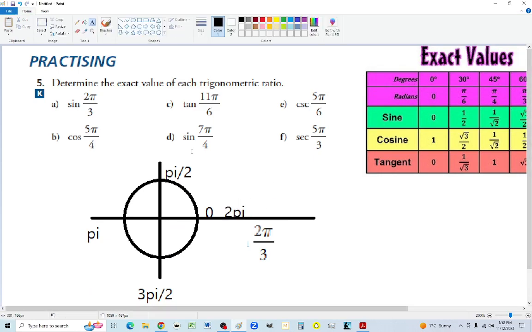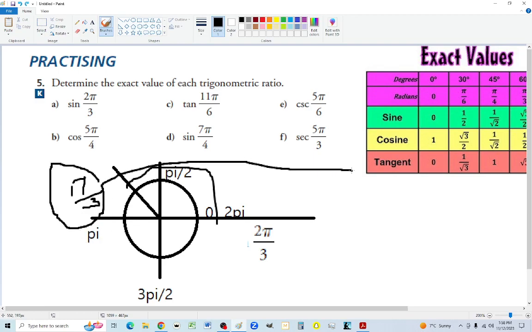We get a good idea of where 2/3 falls. It falls here. Now, if I've gone 2/3 here, the acute angle left is pi over 3, because 2/3 plus 1/3 would be equal to pi.